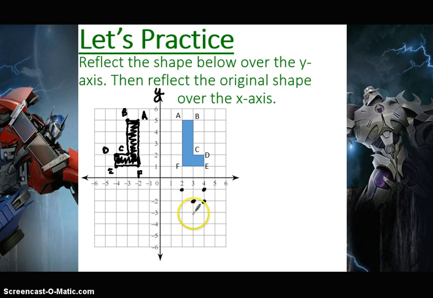A is also 5 away, so it will be here beside B. And you can see that if you trace that, sorry, I missed that one dot, it will look like a mirror image of the original shape. If you folded it along the x-axis, they would line up.